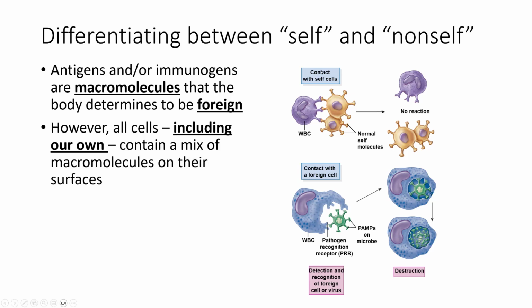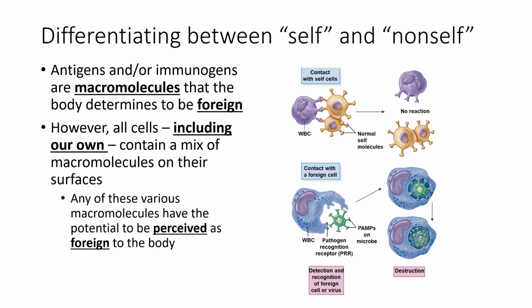So if we start reacting to our own cells, we will end up getting what's called an autoimmune condition. And you may be familiar with that. Autoimmunity basically means a reaction to the self. And that does happen, unfortunately. So it's not a perfect system, but generally we don't do that. And when we do, it's some kind of breakdown in the process.